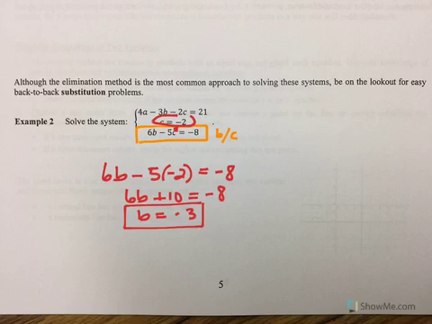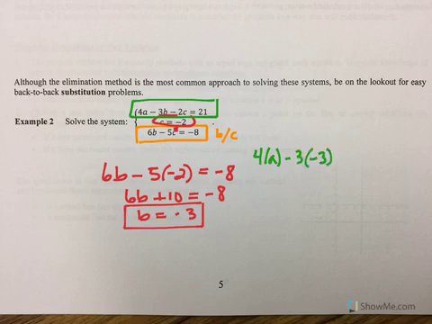Okay, so now I know b is negative 3. And since I already know c, I can plug both of those back into my original equation. 4a minus 3 times b, which is negative 3, minus 2 times c, which is negative 2, equals 21.